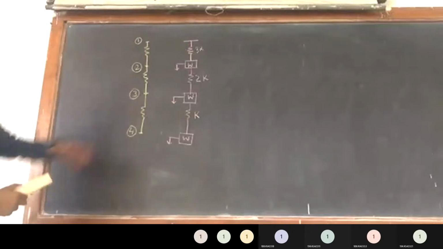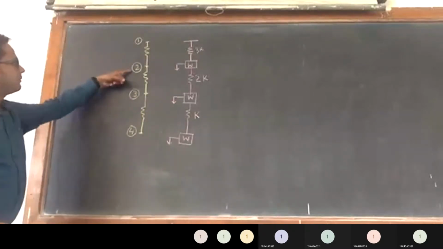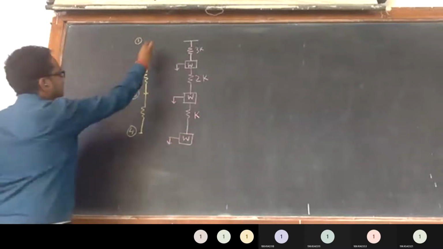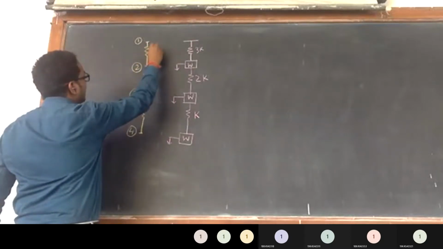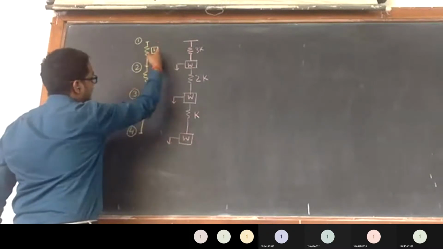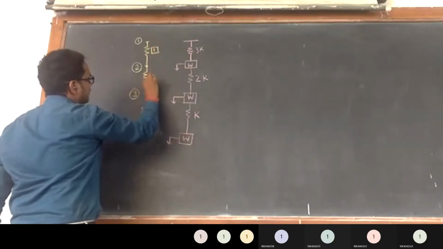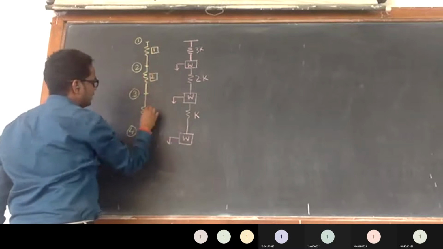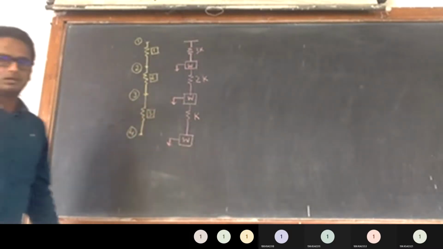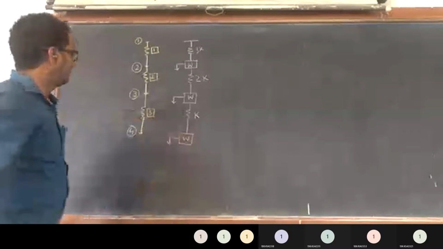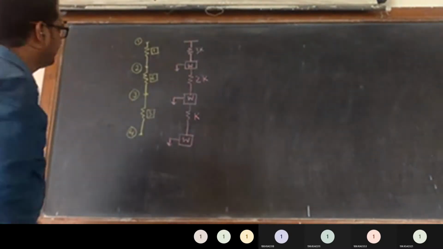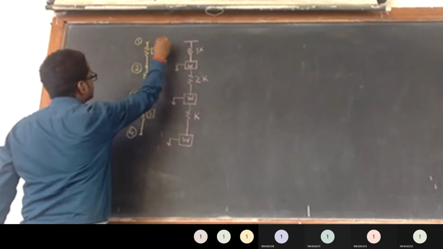For nodes, I am writing the node number in a circle. This is element number 1, I am writing in a square box, element number 2, element number 3. So we have 3 elements and 4 nodes, and we are interested to calculate the nodal deformation.